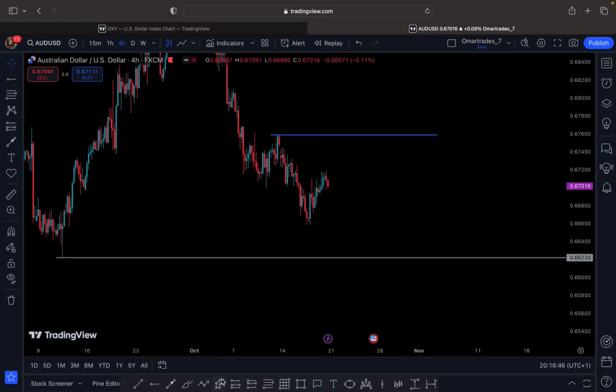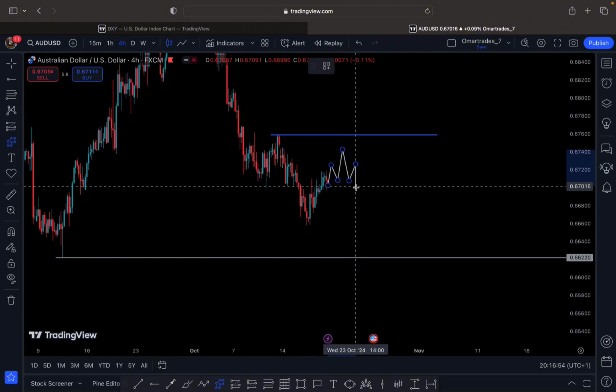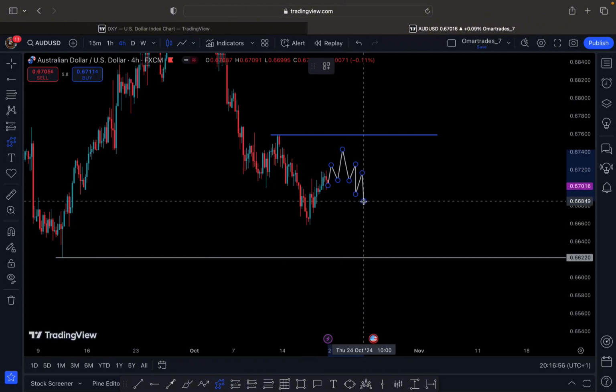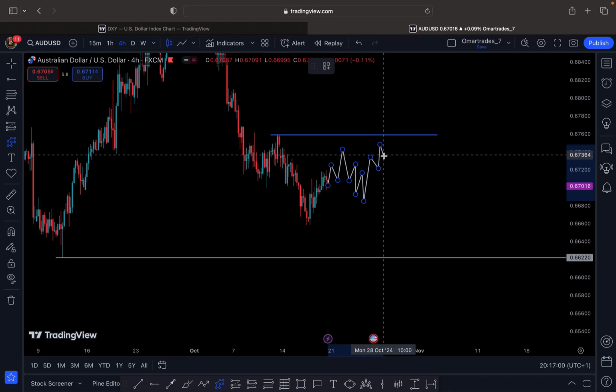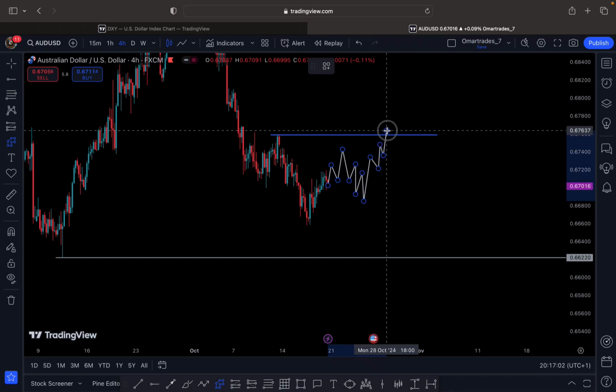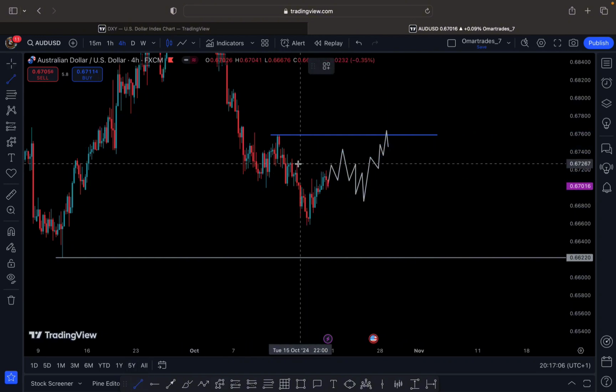So with that being said, what are we looking at right here? I am more looking at a price action, say like this, come back, give us a middle section, and then maybe come back up, give us this exhaustion, and then give us the retrace, and then we can see what we have.